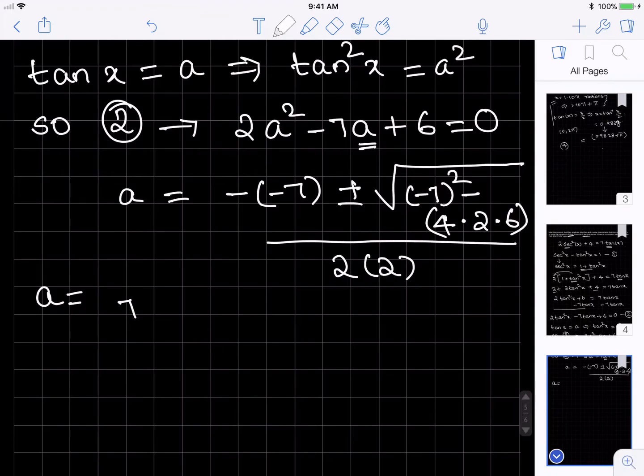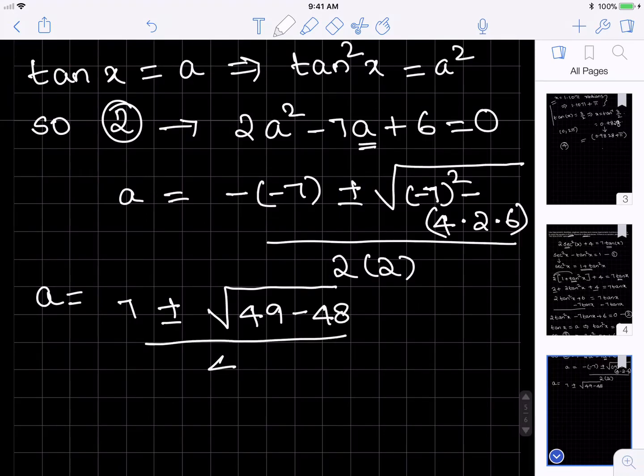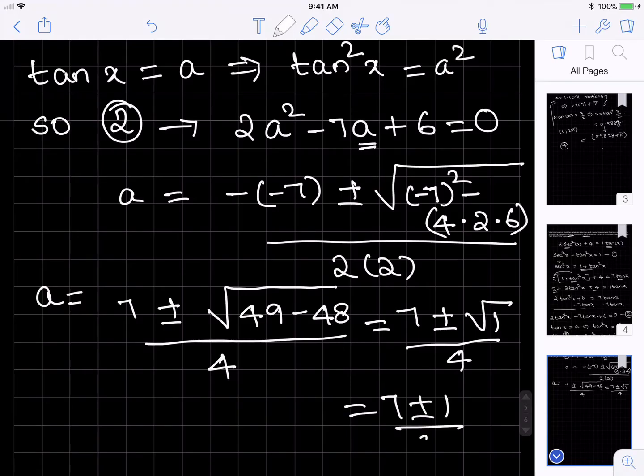Negative of negative 7 is 7 plus or minus negative 7 whole squared is 49 minus 4 twos is 8, 8 times 6 is 48, over 4. 49 minus 48 will be 1. So we are left with this. Square root of 1 will be 1, which is 7 plus or minus 1 over 4.